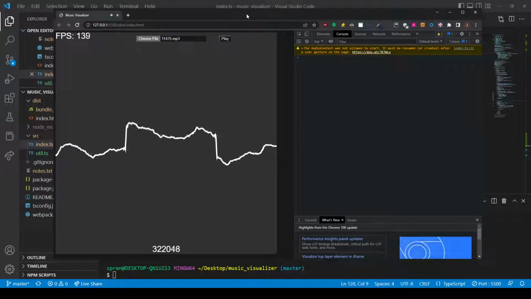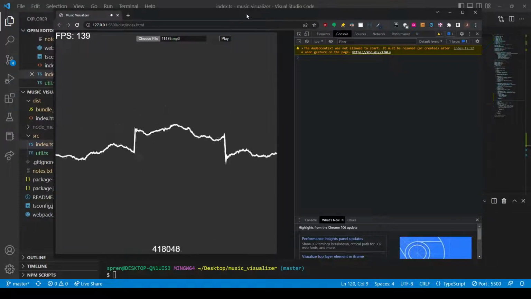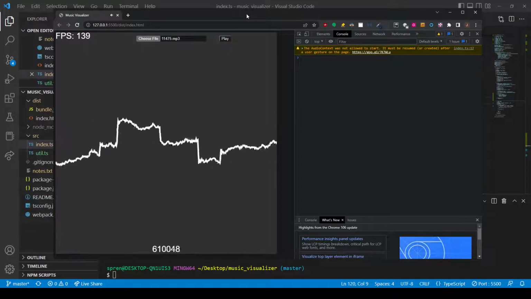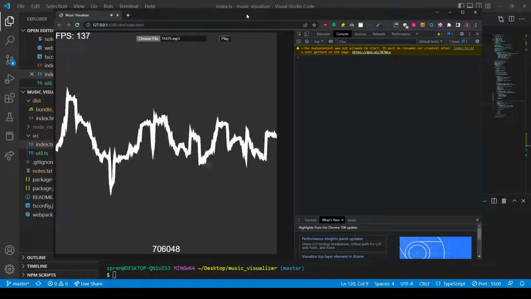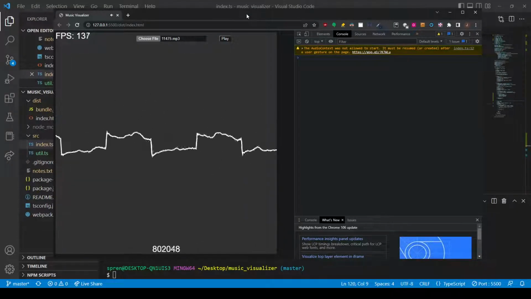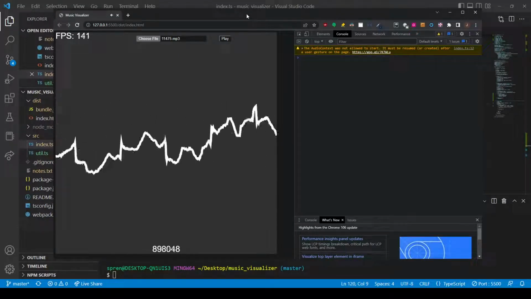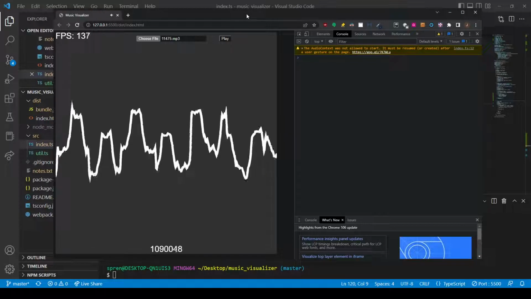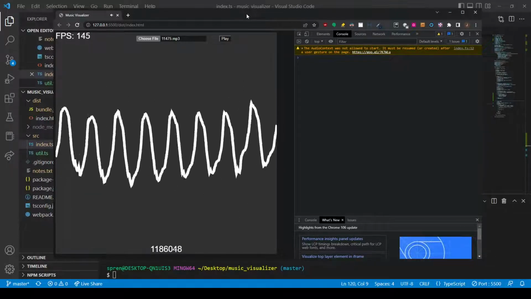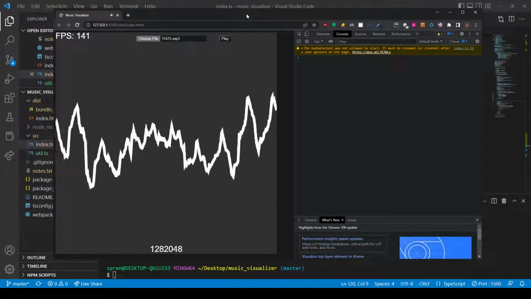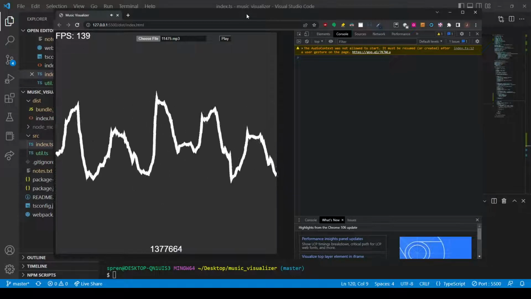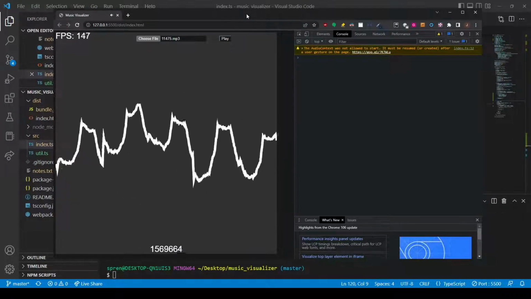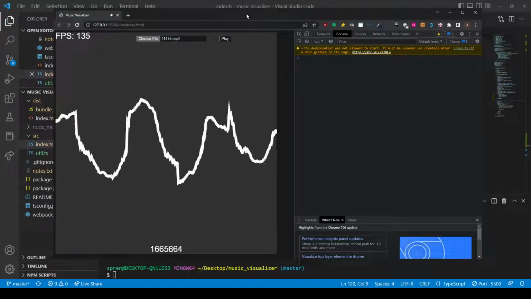I kind of can't tell if that's working. I think it is. Yeah, I'm pretty sure that's working how I thought it would.